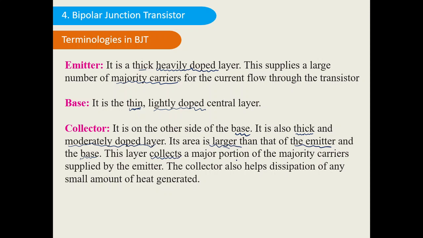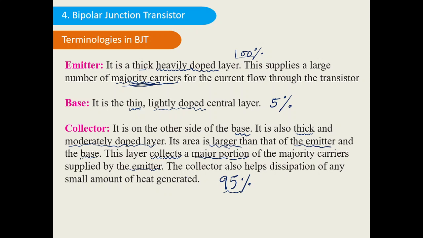If suppose the emitter supplies 100% of the majority charge carriers, the base will consume only 5 percent and the collector will consume the remaining 95 percent of the majority charge carriers. So this layer collects major portion, that means 95 percent of the majority carriers supplied by the emitter. Emitter was supplying 100% and this is consuming 95%.